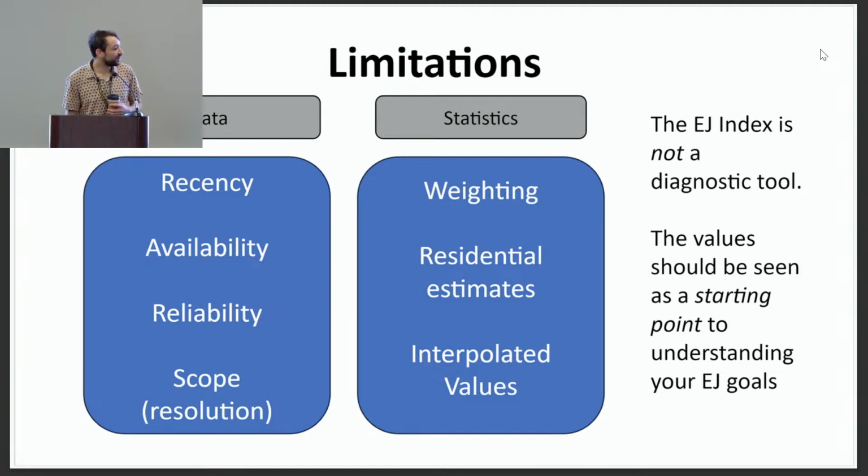The other issues were the ones I mentioned earlier about data, which are the fact that a lot of the data is analyzed using this equivalently weighted system. And we also use a lot of interpolated values.